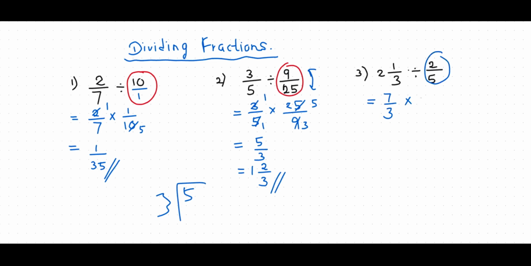We can't cancel anything, so multiply. 7 times 5, 35. 3 times 2, 6. Improper fraction, convert it back to a mixed number. 35 divided by 6. 6 times 5 is 30. Denominator is same, 6. Remainder is 5. 5 and 5 over 6.